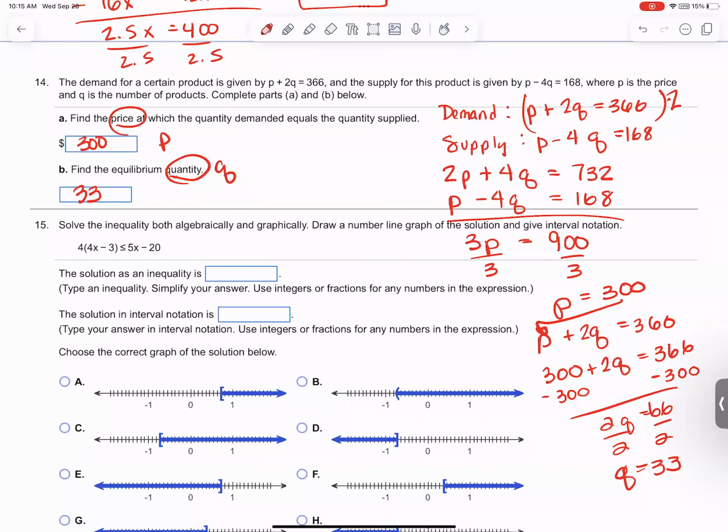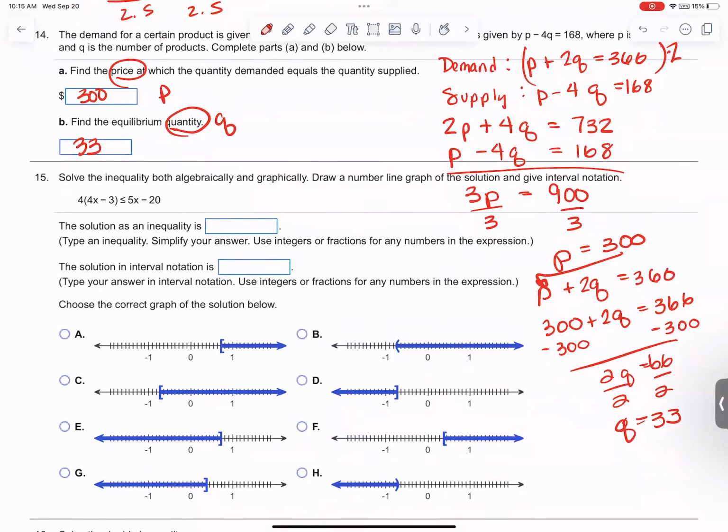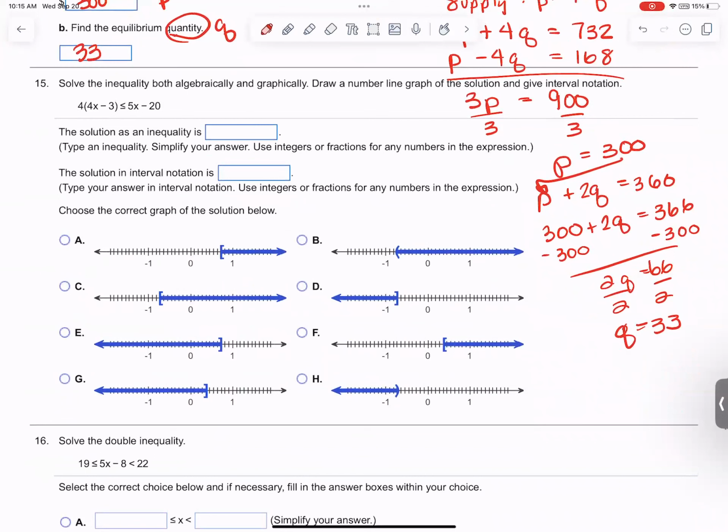All right. Did I leave myself enough room to solve this inequality? Solve the inequality both algebraically and graphically. I'm just going to solve it algebraically and then graph it. Once I get it solved algebraically, then I don't really need to solve it graphically.